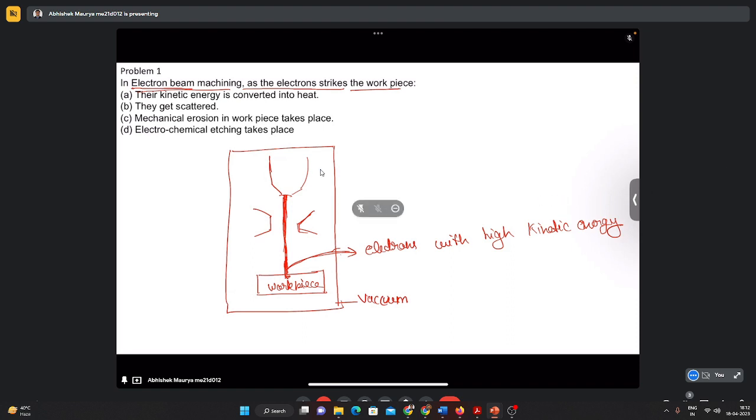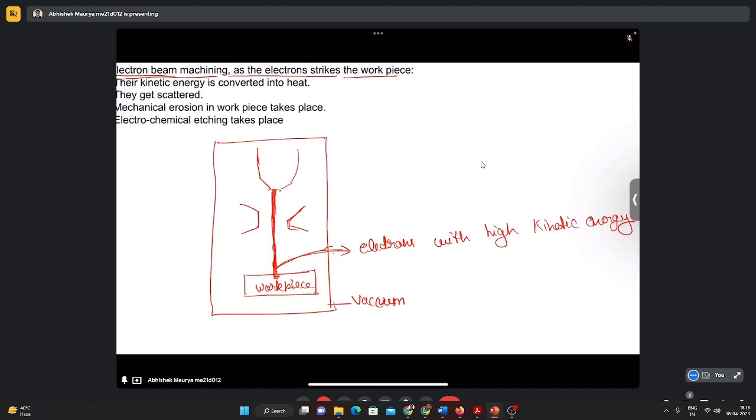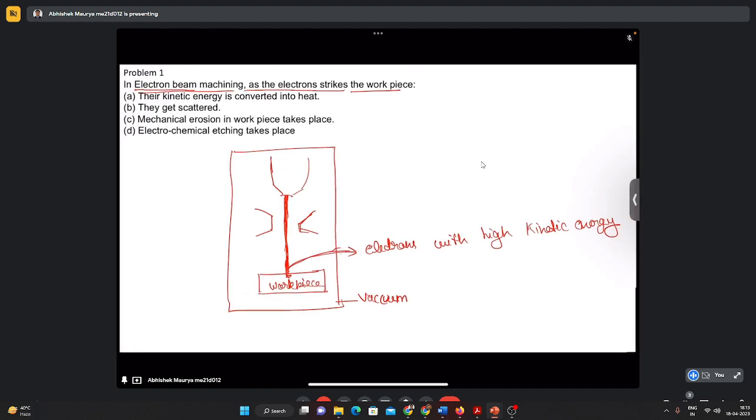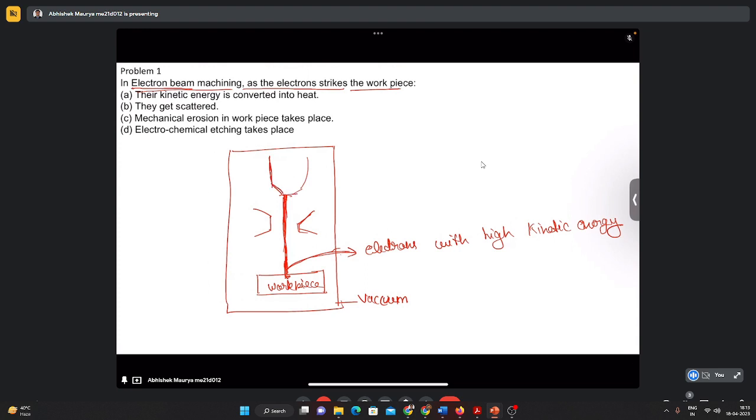Answer is option A. Yes, correct. That's what I was also explaining, that in electron beam machining, basically electrons get produced at the tungsten filament, and from there, because of thermionic emission, electrons get produced, and after that we have electromagnetic fields through which the electrons get accelerated toward the workpiece, and finally they strike the workpiece in a very localized region, and they transfer all their kinetic energy to the workpiece immediately, and the material gets heated.